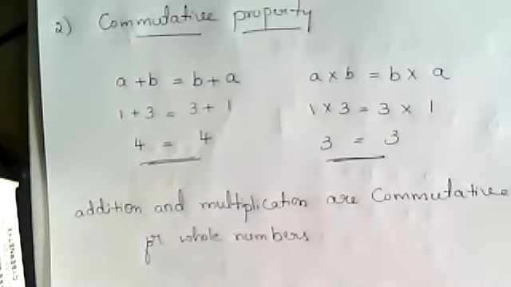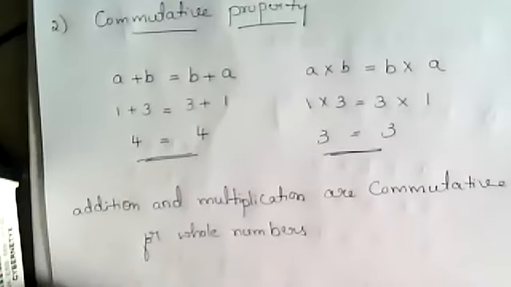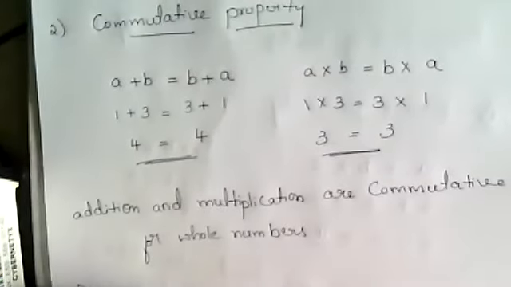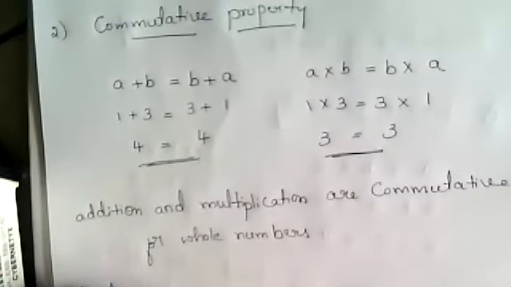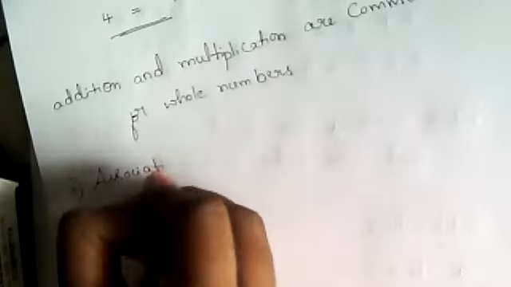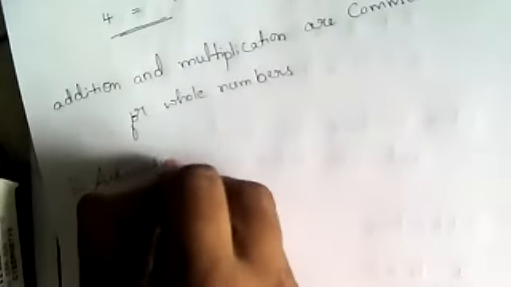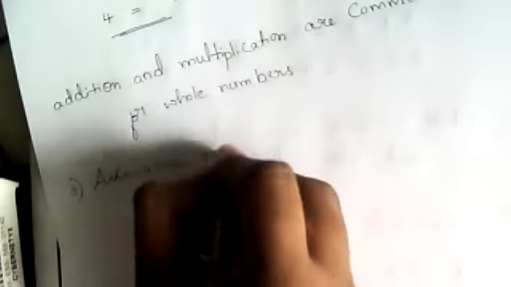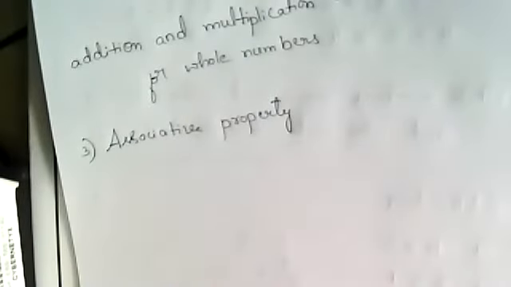So now we are going to the third property, associative property. Associative property. This is the third property.